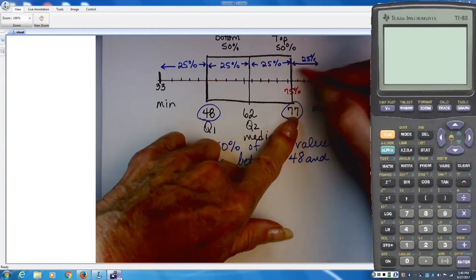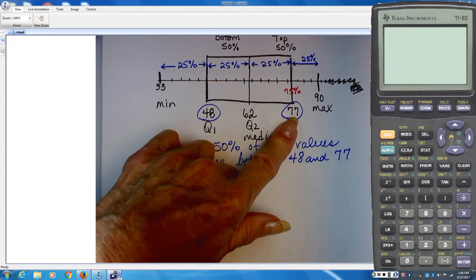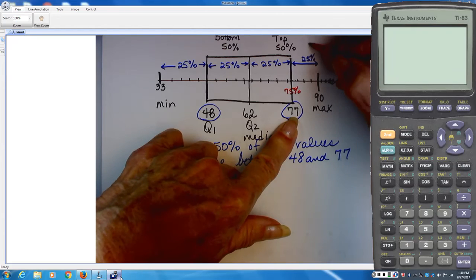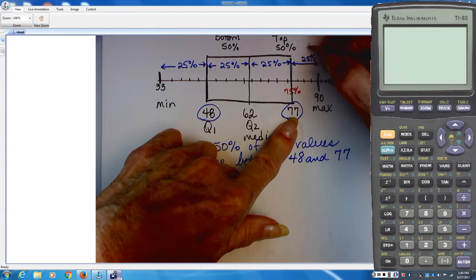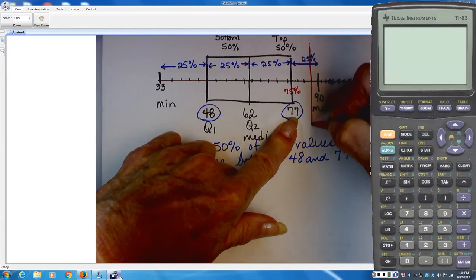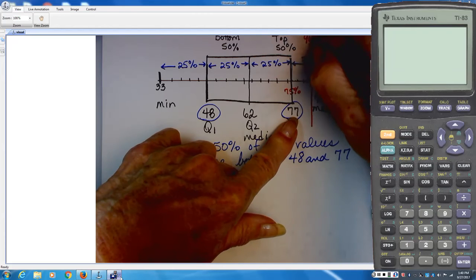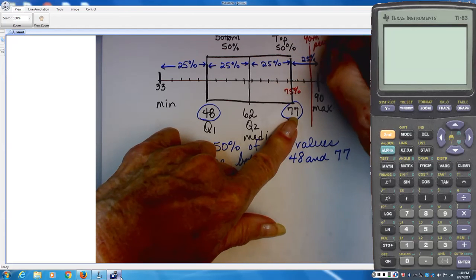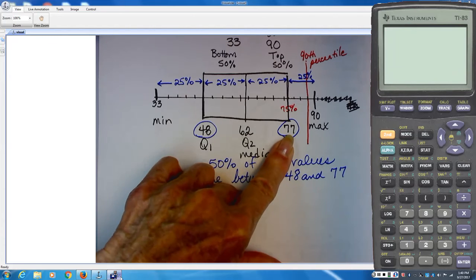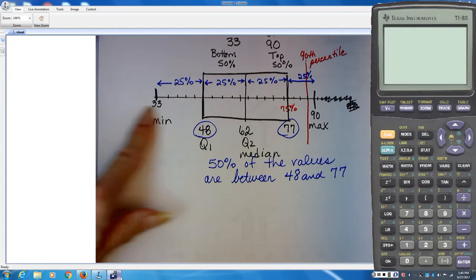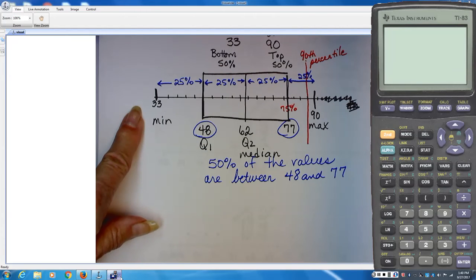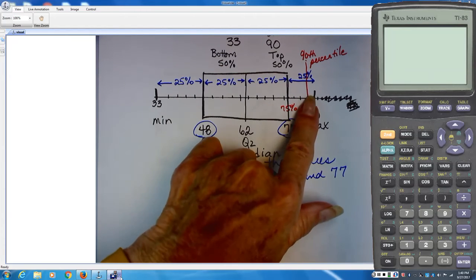Okay, I need to go up 15% more to get to the 90th percent mark, right? So that means if you're at the 90th percentile, it means that you're higher than 90% of the people you're being compared to and lower than 10% of them.